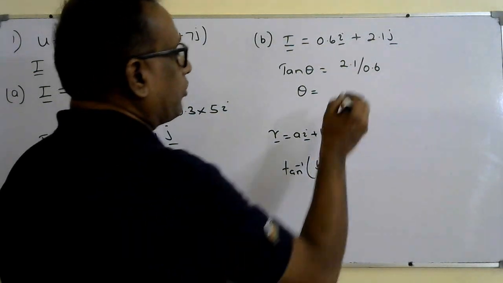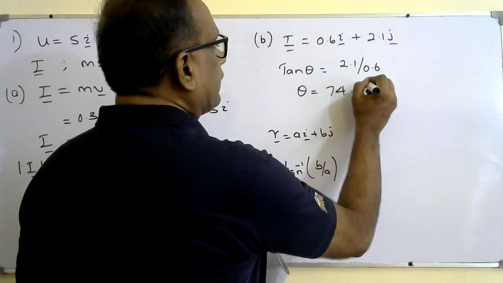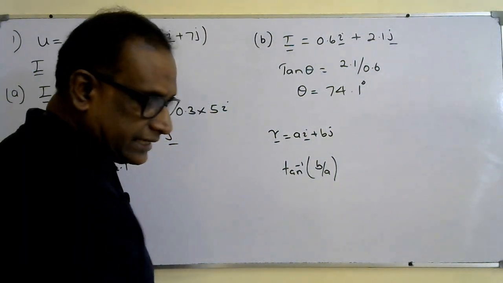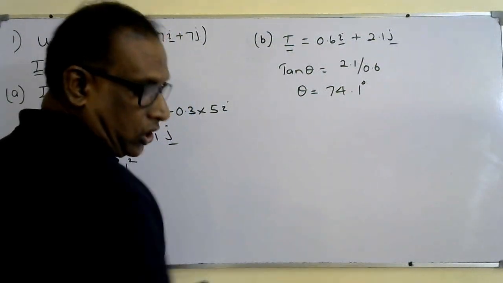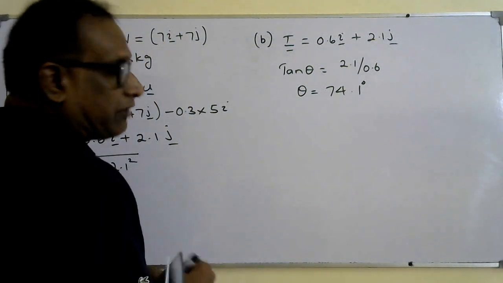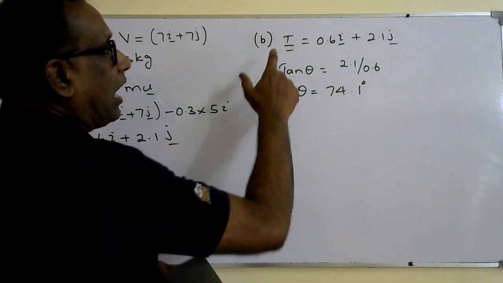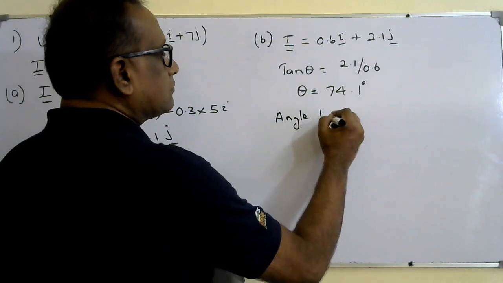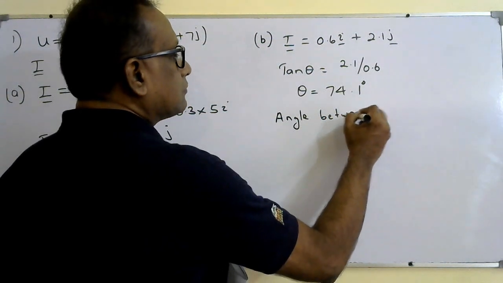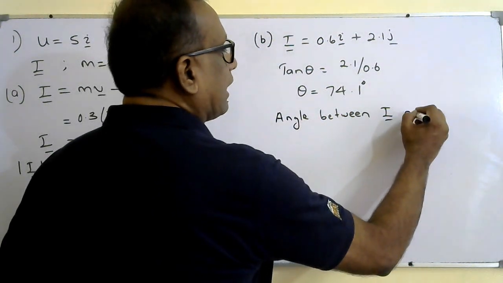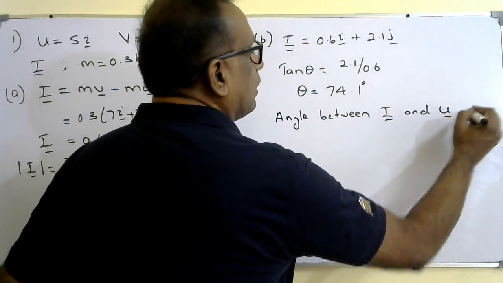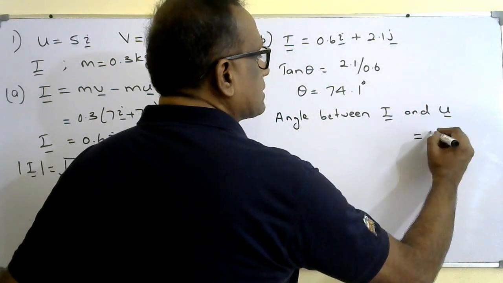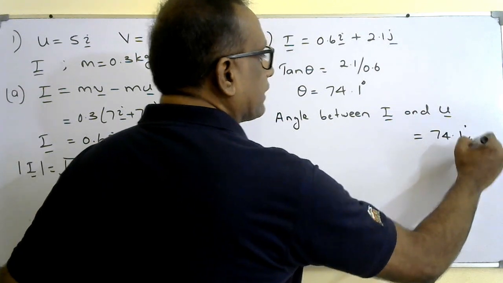That will be 74.1 degrees. The initial velocity u is already along the i direction. Therefore, the angle between I and u is the same answer, 74.1 degrees.